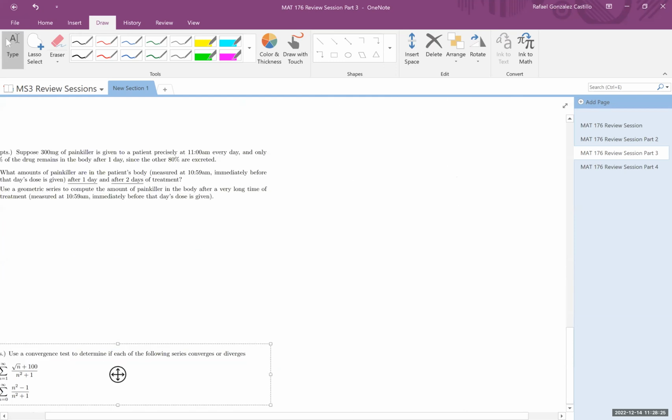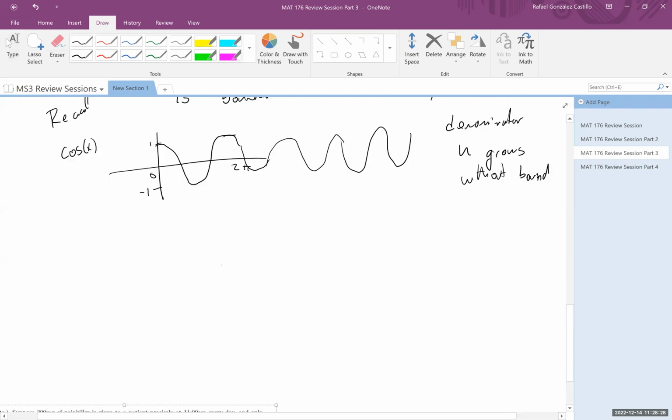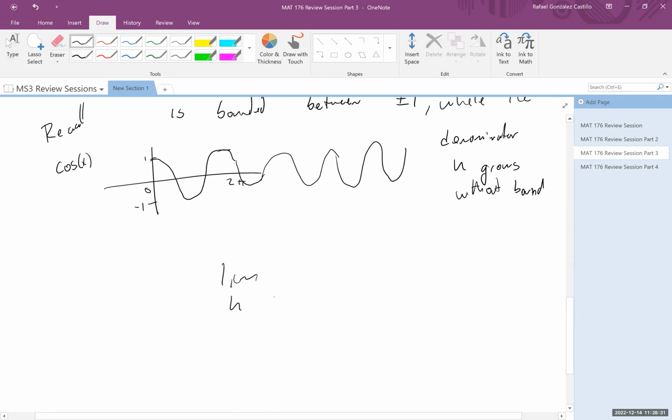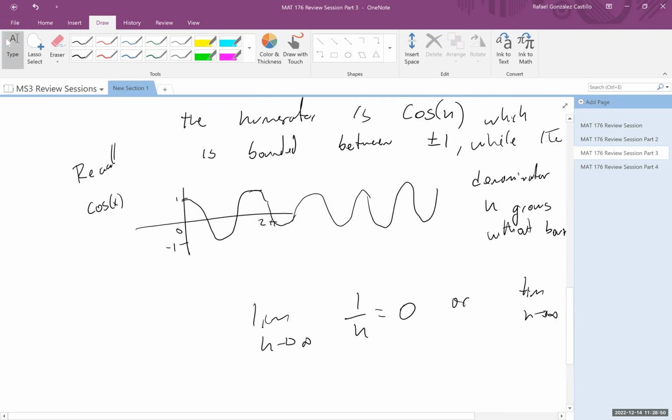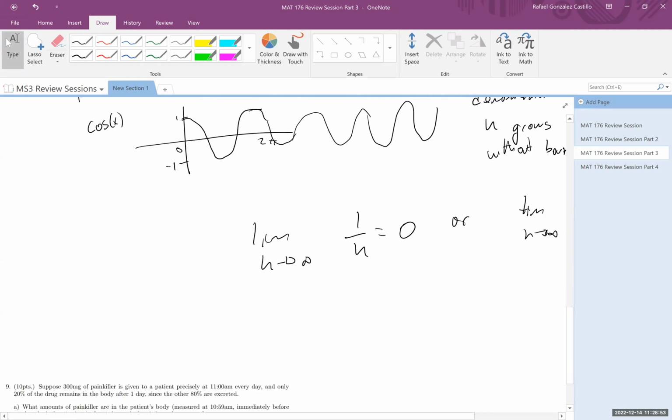It doesn't get higher than 1, it doesn't get lower than -1. So you could think about this limit as n goes to infinity as being 1 over n or -1 over n. Both of these go to 0. So we can conclude that this sequence converges to 0.